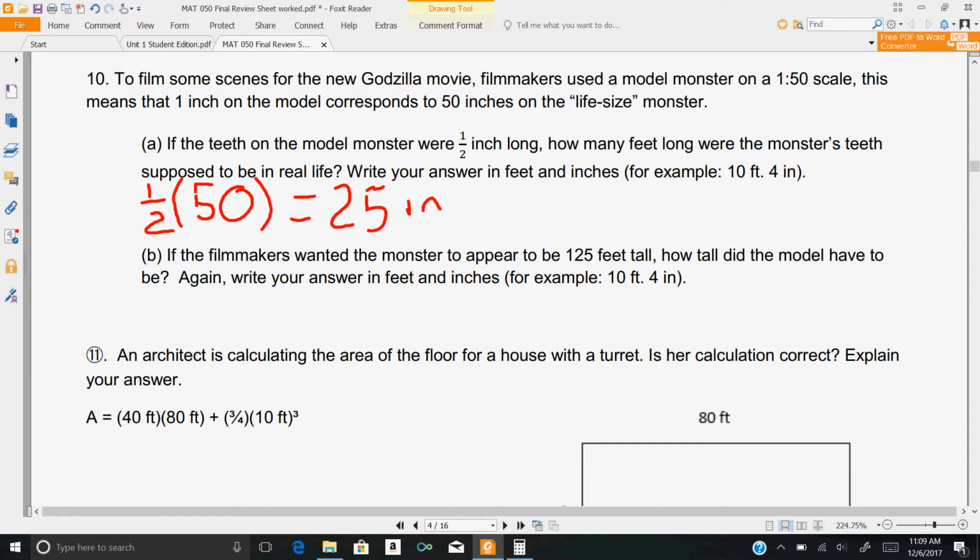So I'm going to divide 25 by 12. And I'm going to do it kind of the old-fashioned way because I don't want a decimal. If you do it on your calculator, you'll get a decimal.